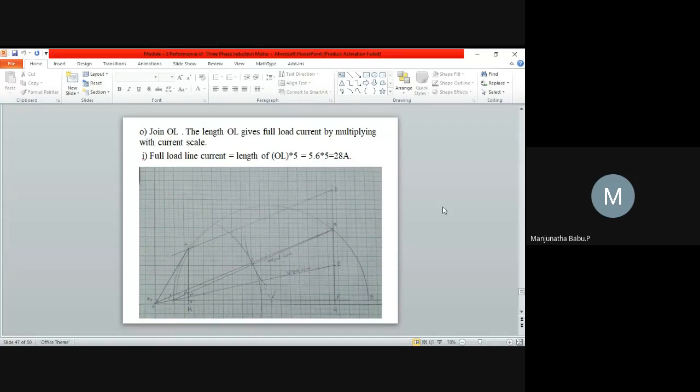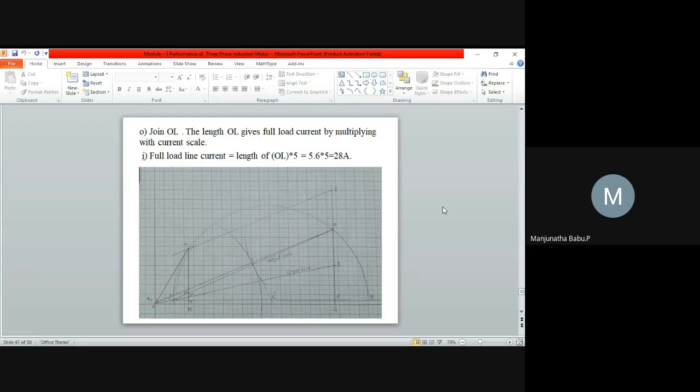Check whether you are getting below 38 amps, because the short circuit current here is 38. You'll be getting around 32. Okay, fine, no problem. I'm getting a full load line current of 28 amps. So you're getting it as 32. Okay, fine, go ahead.